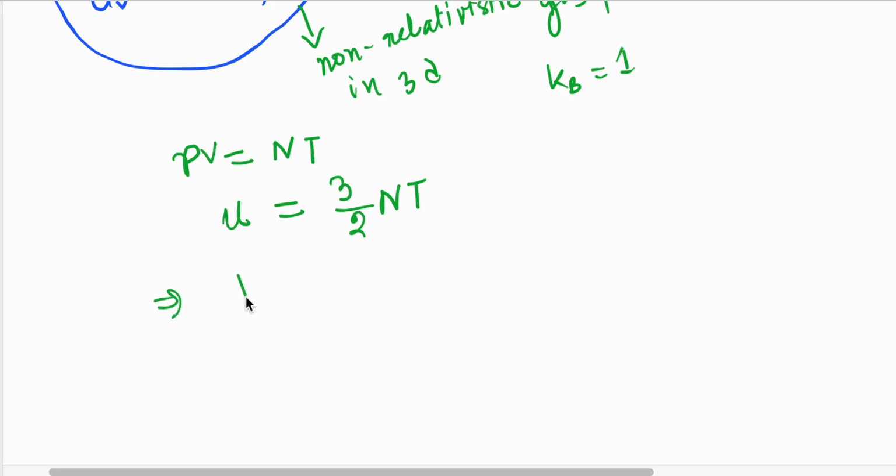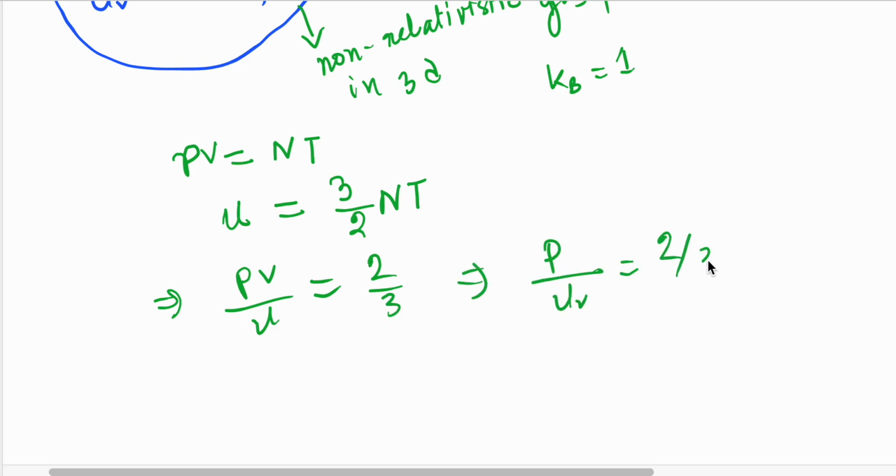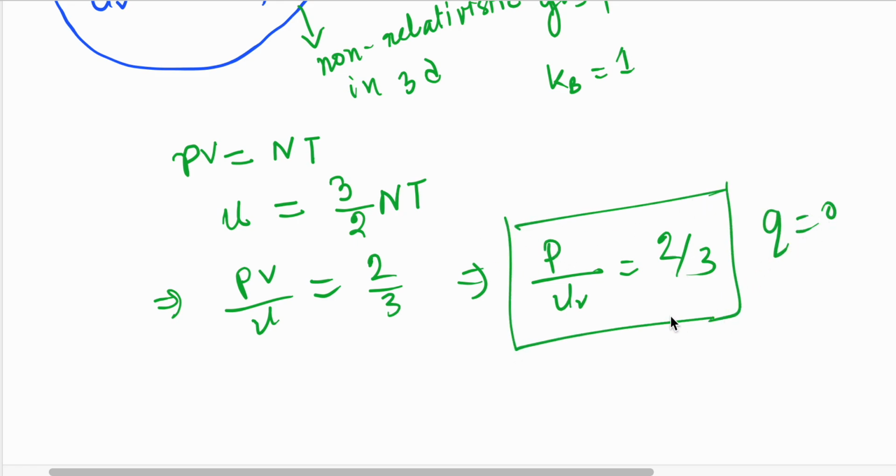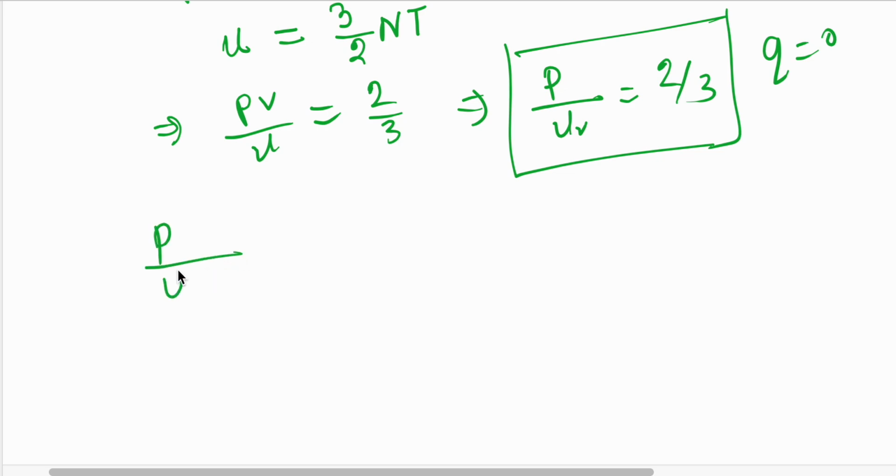So that means PV by U is nothing but 2/3. That means P by UV is 2/3. So for q equal to 0 also, P by UV is actually 2/3.